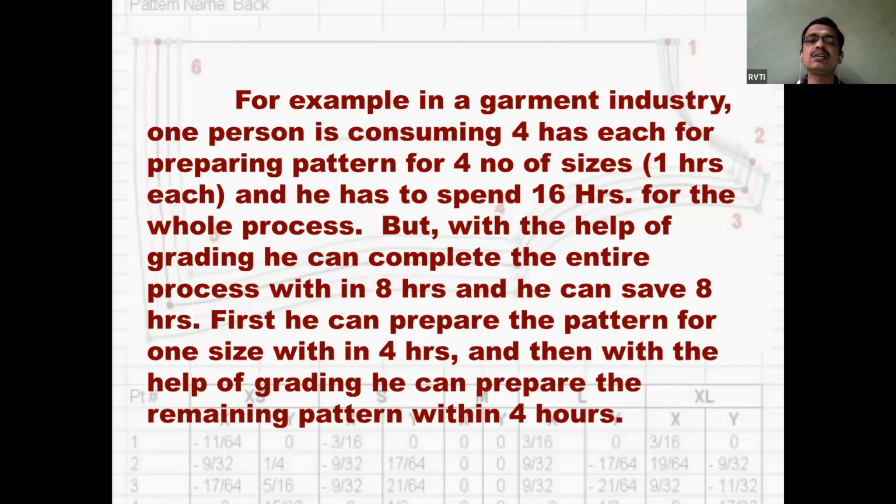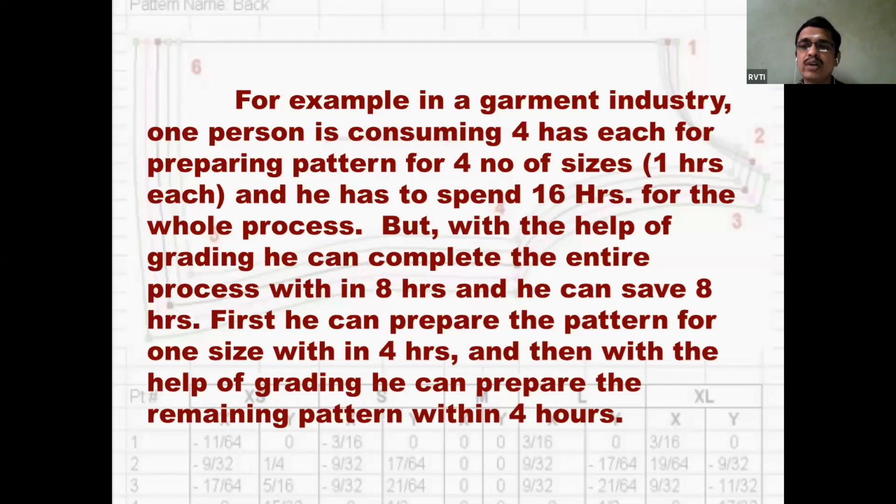For the remaining sizes, I can spend a lower amount of time, a little bit less time compared to the previous one. So in this method, I can complete the entire process within 8 hours. If I'm individually preparing each and every pattern, I'm spending 16 hours. If I'm using the pattern grading method, I can complete the process in 8 hours. So I can save 8 hours.